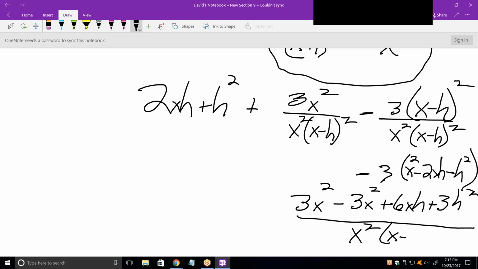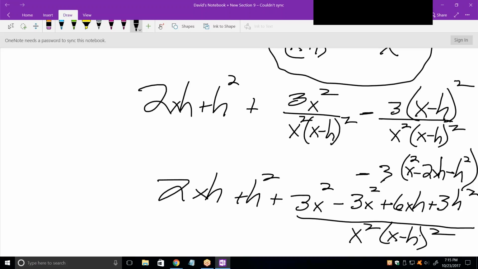Like I said, the algebra is nightmarish. Yeah, this is not fun. It's never fun to do these limit definitions. Okay, and all of that is over h.